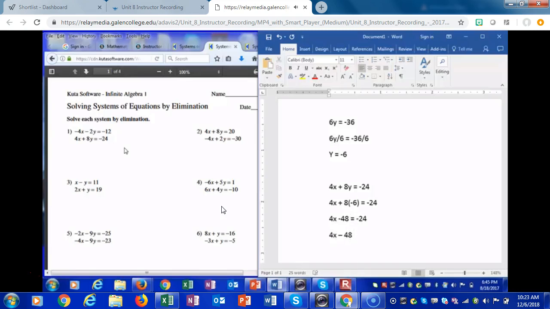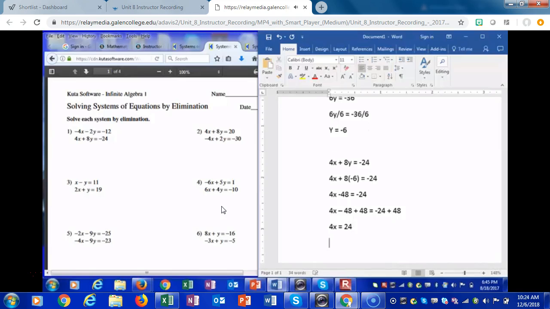We want to move that negative 48 to the other side, so we're going to do it by adding 48. That equals negative 24 plus 48. Here, 48 minus 48 is 0, so we have 4x equals, and then on the right side, 48 minus 24 is just 24. If we divide 4x by 4 and 24 by 4, we get a final answer of x equals 6.